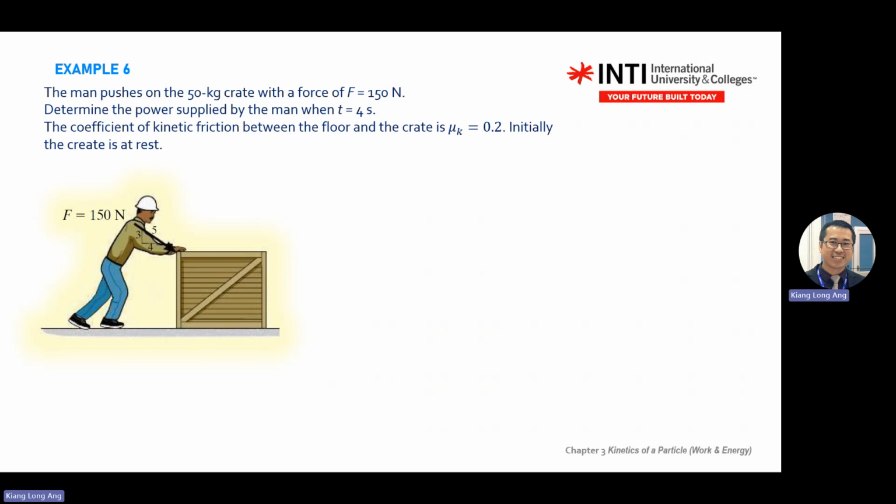Then what else do you need to add? Before friction, what do you need to add? Normal force. Why do you need to add normal force? Because there's a contact.